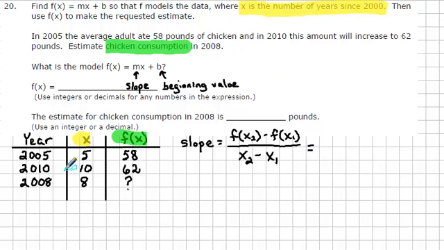And well, if we treat (10, 62) as our second ordered pair and (5, 58) as our first ordered pair, then f of x2 will correspond with 62. F of x1 will correspond with 58.